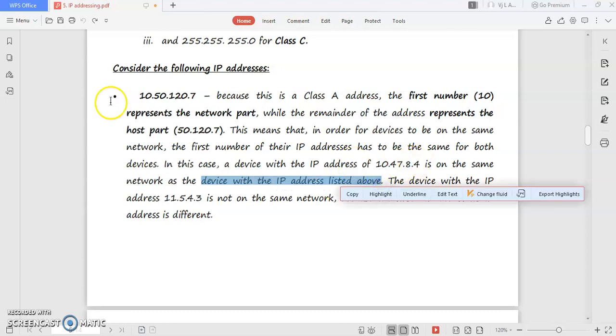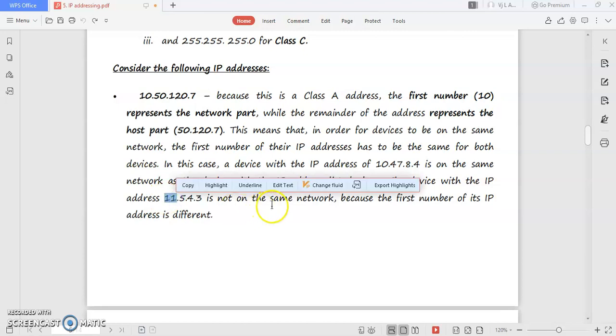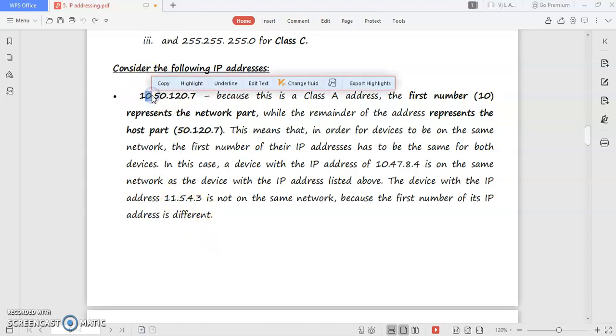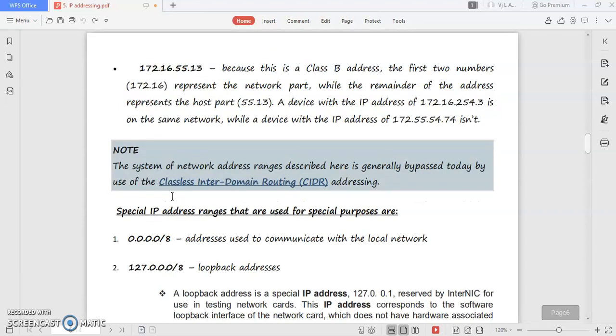For class A, only the first octet needs to be the same. The device with the IP address 11 is not on the same network, because the first octet of its IP address is different.